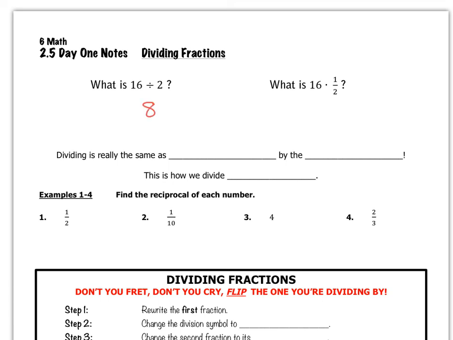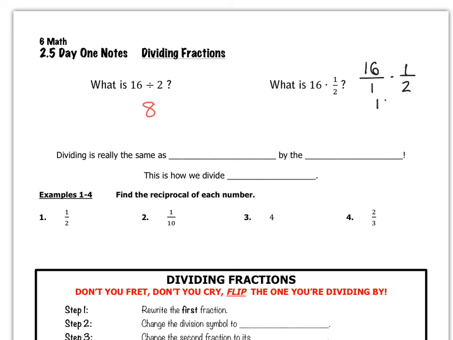Now I want you to look at the next question. What is 16 times 1/2? Well, we've learned to do a multiplication problem like this, that we would place 16 over 1 because it's a whole number, and then multiply the numerators times the numerators and the denominators times the denominators.